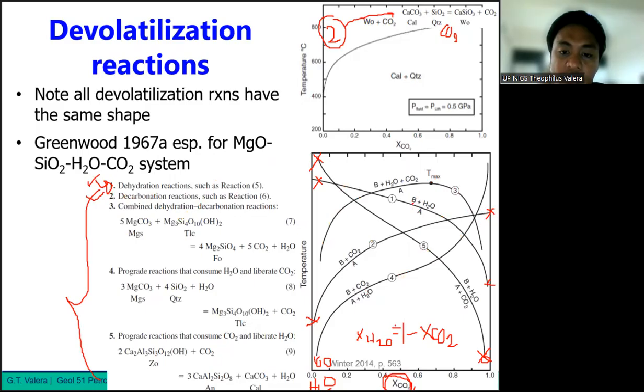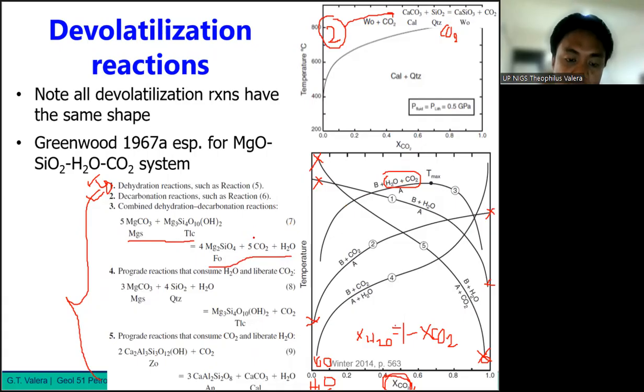on the ratio of water and carbon dioxide that is produced. For example, if we look at this reaction, magnesite plus talc equals forsterite plus carbon dioxide plus water.